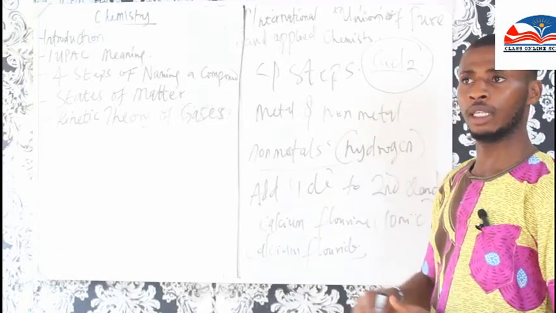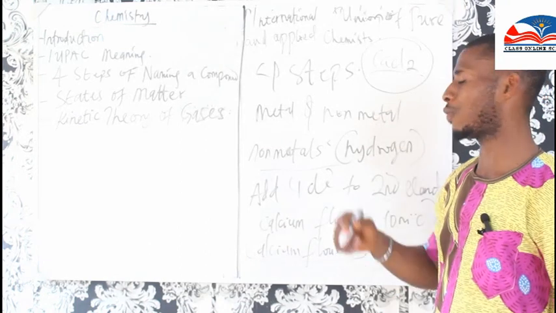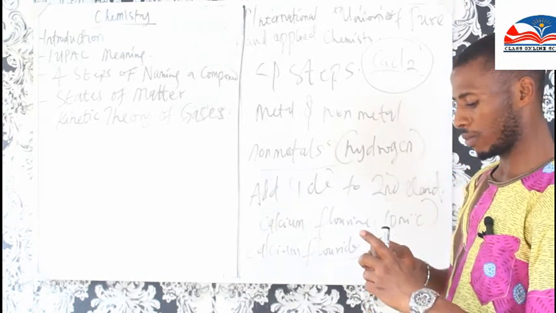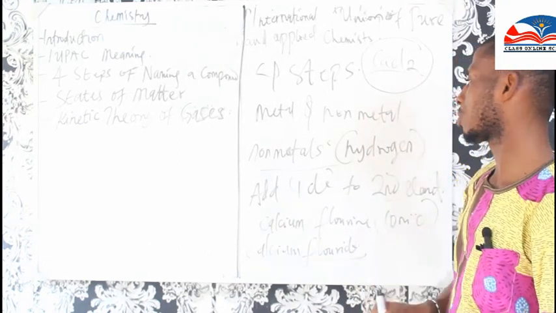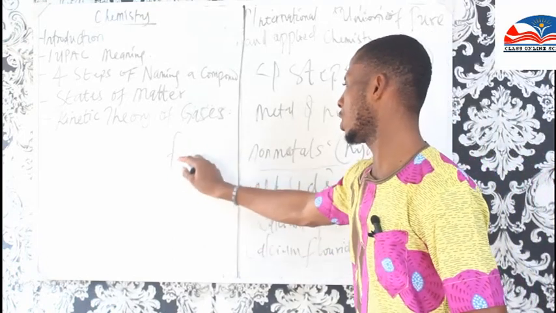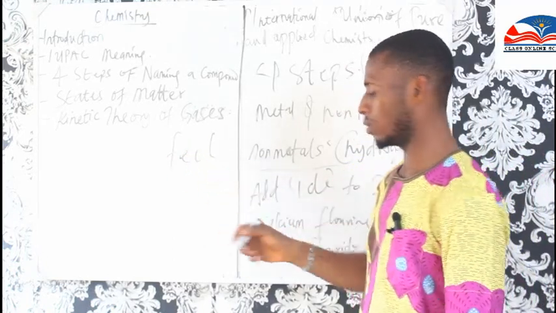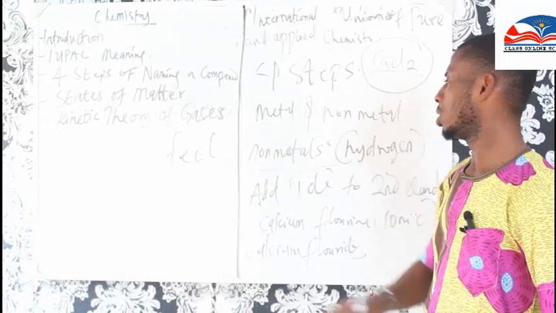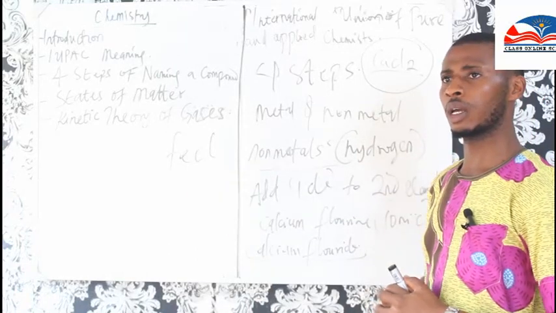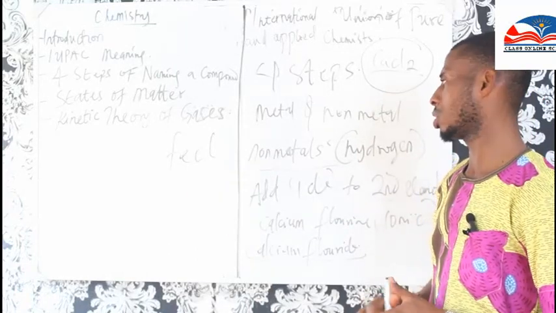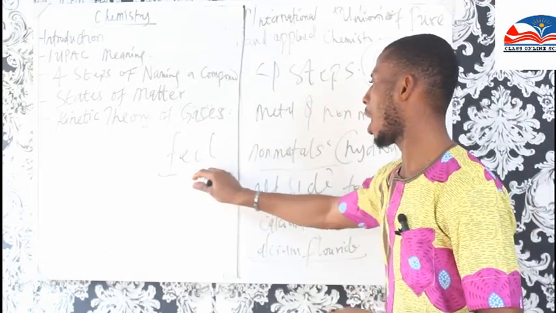Alright, let's see it in this format. We have FeCl. This compound is iron and chlorine.